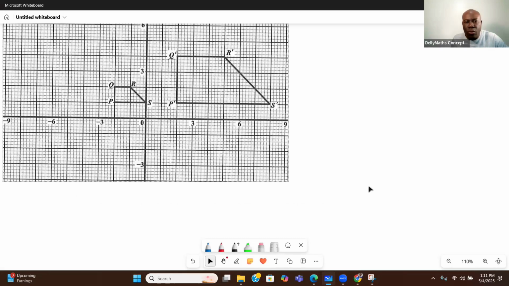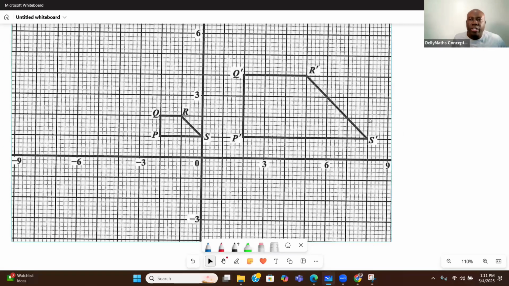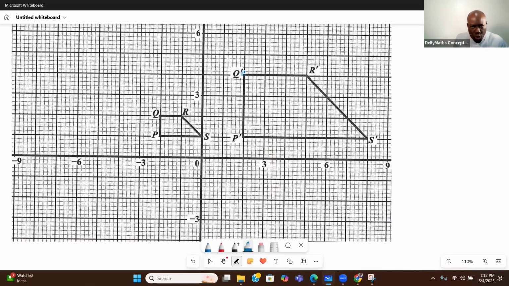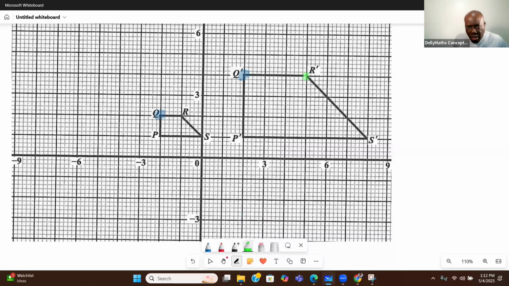All right. So if you have an object and its image, and your intention is to find the center, and we're told it's an enlargement, all you have to do is connect two corresponding pairs of points, like Q with Q prime, and R with R prime.